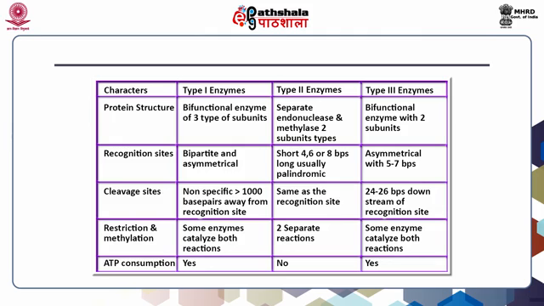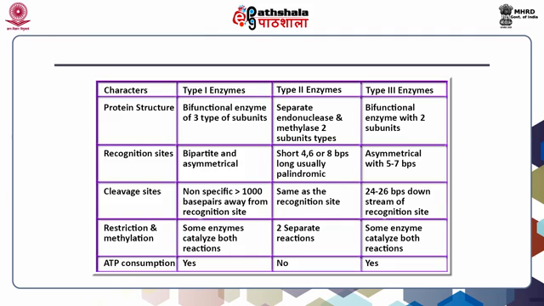Type 3 enzymes are bifunctional enzymes with 2 subunits. The recognition sites in type 1 enzymes are bipartite and asymmetrical, that in type 2 enzymes are short, 4, 6 or 8 base pairs long, usually palindromic, and that in type 3 enzymes are asymmetrical with 5 to 7 base pairs. Cleavage sites for type 1 enzymes are non-specific, greater than 1000 base pairs away from the recognition site.